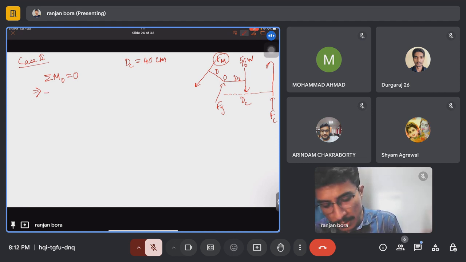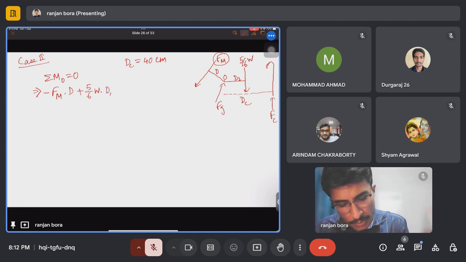So minus FM dot D, 5 by 6 W is producing clockwise moment. This FC is producing anti-clockwise, minus FC dot DC equal to 0.